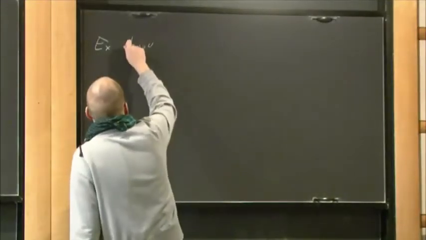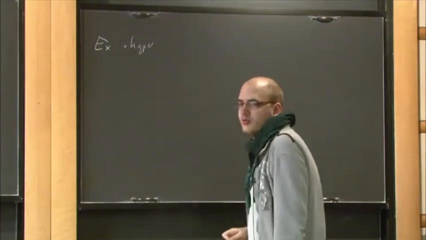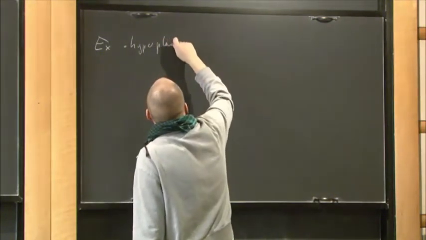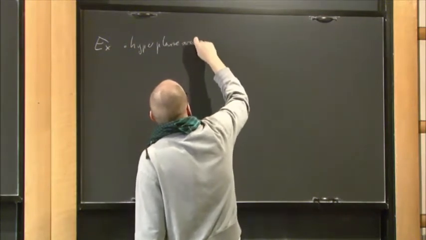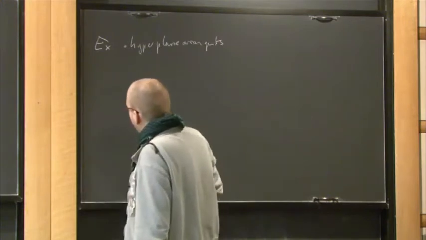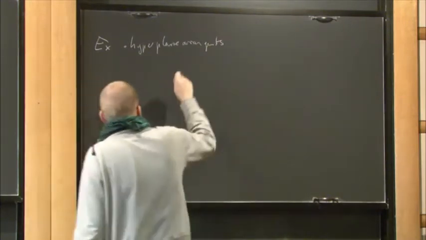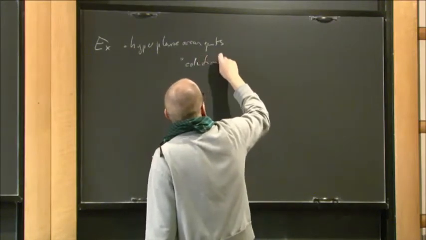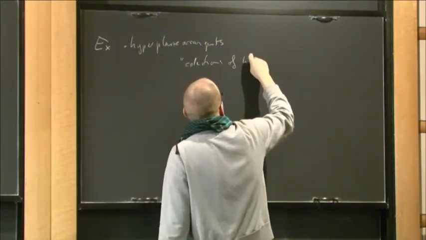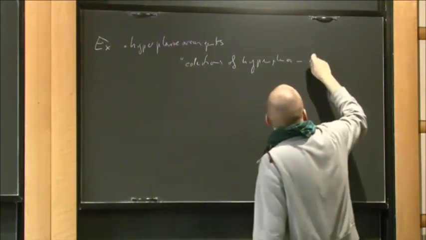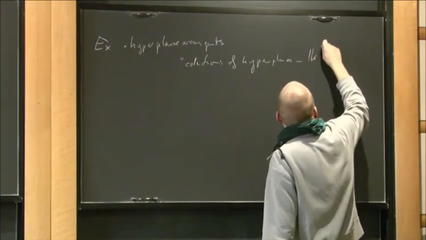Okay, so let's do an example. The first example, and this is the one that June talked about, is hyperplane arrangements. For those who were there, these are collections of hyperplanes over some field.